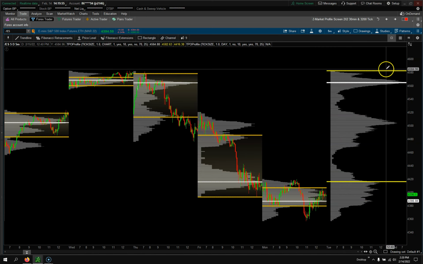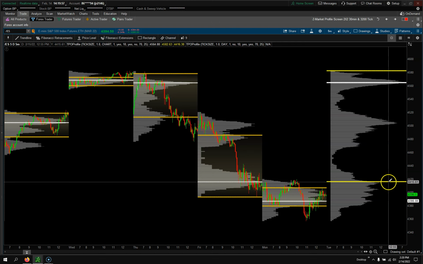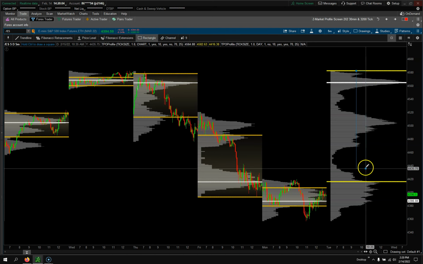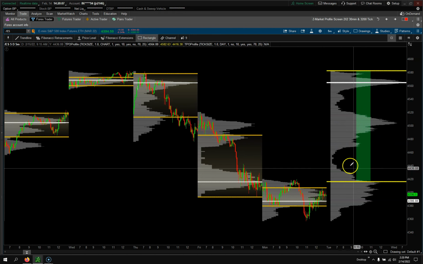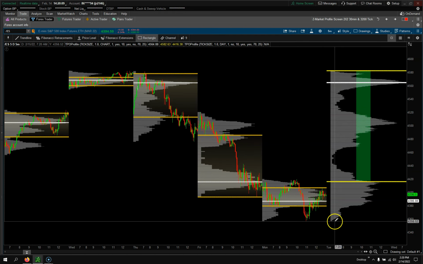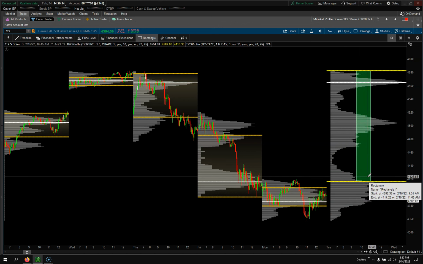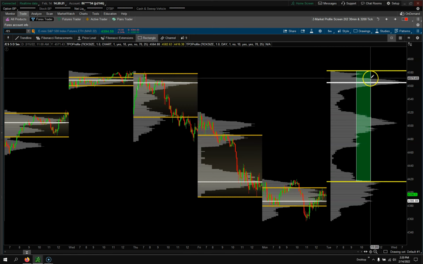So we have the value area high, the value area low, which are the yellow, and then the point of control. The value area, from top to bottom, is where 70% of all of this volume from high to low is traded, giving you the 70% high and low of all the volume, and then the point of control is where the most volume is traded during this entire time.